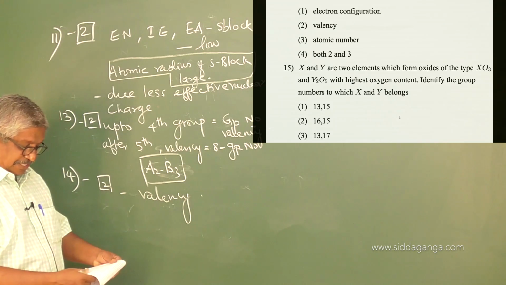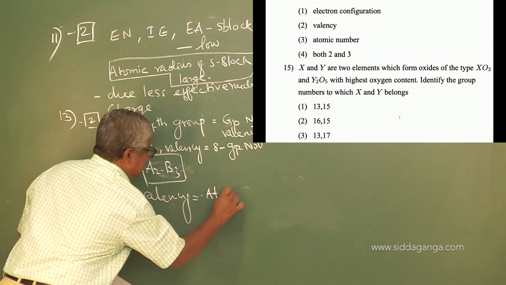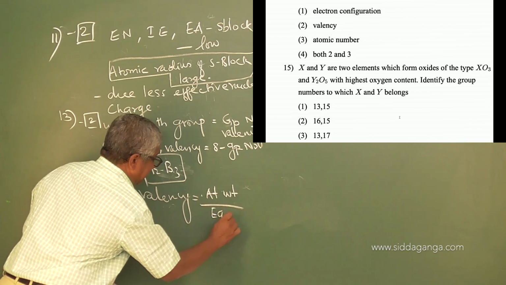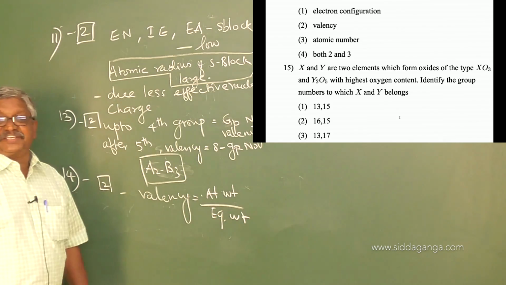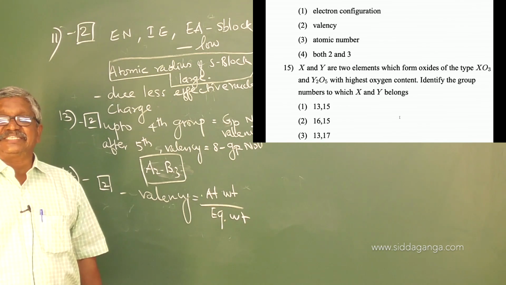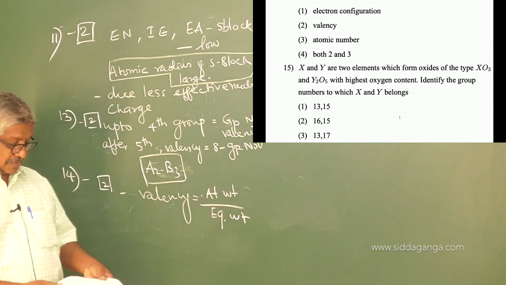Considering the chemical properties, valency is equal to atomic weight divided by equivalent weight. So option 2, the valency is the right answer for the question number 14.